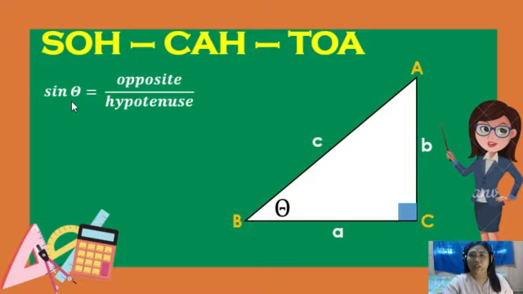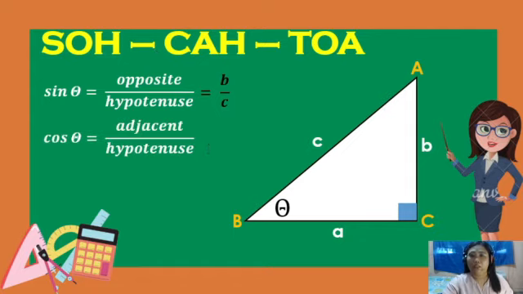Sine theta is equal to opposite side over the hypotenuse. Kung titignan natin sa ating figure, ang opposite side kay given angle ay si B and the hypotenuse ay si side C. So, opposite over hypotenuse, we have B over C.